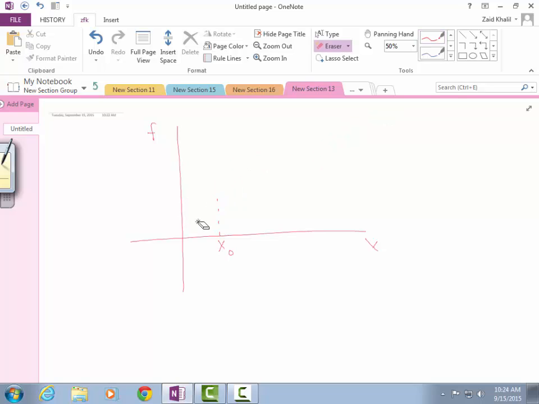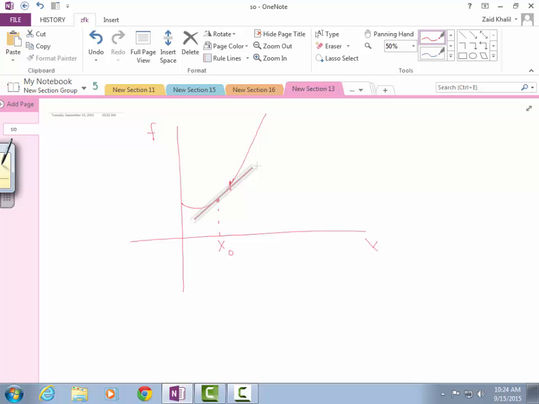I want to have some type of exponential character. So there's x0. If I wanted to find f of x at that point, what I could do is draw a tangent line.